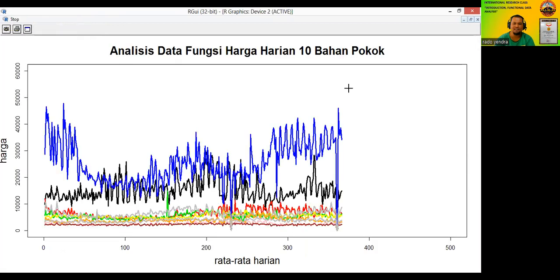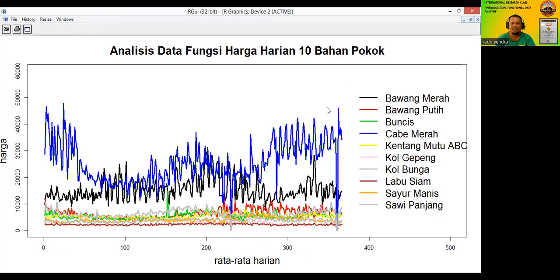You can see here, there are 10 graphs with 10 lines. So you can check here, very complicated graphs. The several overlapping graphs, or the 10 overlapping graphs. This is the beginning in functional data analysis.